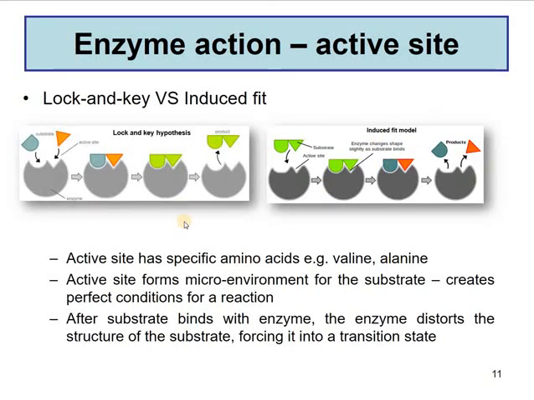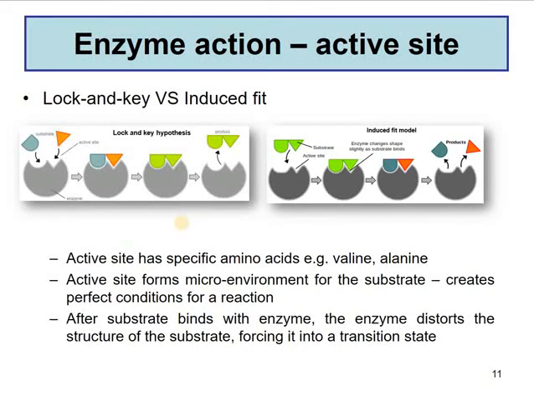So in both theories, the substrate does eventually connect there and then the chemical reaction takes place. But with the induced fit, it tells you how the shape of the active site actually modifies in order to be able to accommodate the actual substrate.